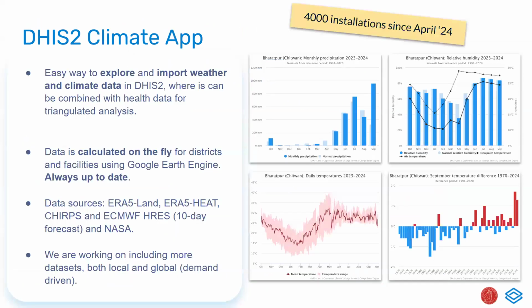Next slide. So this climate app, probably you have heard about it, is pretty powerful. It has 4,000 installations in DHIS2 instances since April.